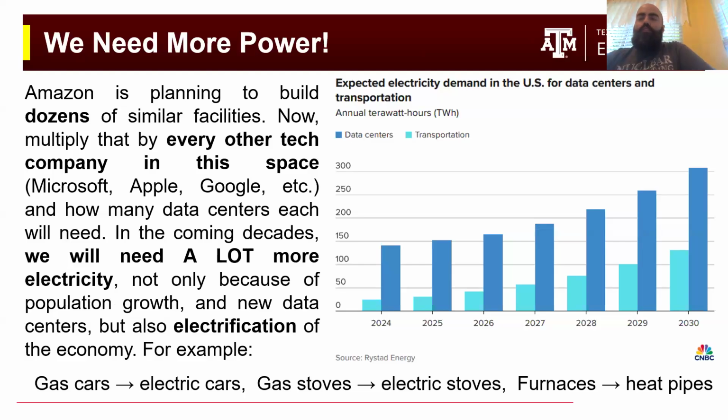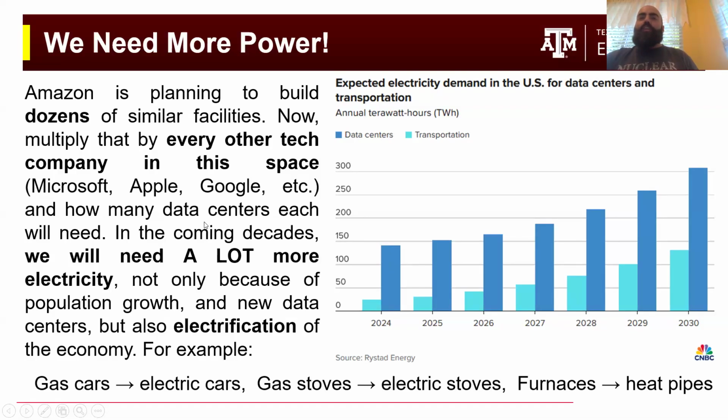So if you think about that one Amazon facility, that's one company with one facility that has this new data center complex that uses 2.2 gigawatts of power. But Amazon isn't the only company in the AI space. They're not the only company building data centers. You take that one facility and multiply it by every tech company in the space that's building data centers: every Microsoft facility, every Apple facility, every Google facility, every Meta facility, every XAI facility.